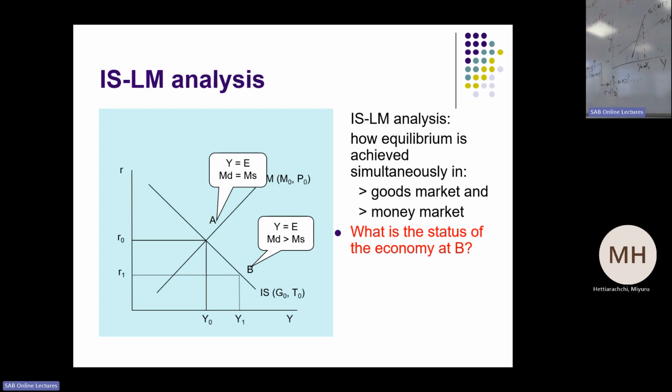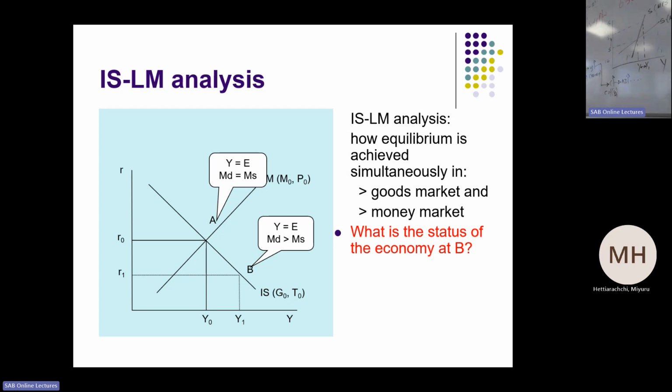Right? And at point B, Y is not at money market equilibrium, because it's below the LM curve. Below the LM curve, what is the situation? At a point along the LM curve, you know that money demand equals money supply.